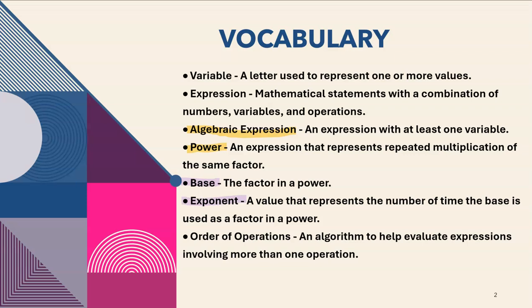The base is that factor that is being multiplied by itself, and the exponent is a value that represents how many times that base is going to be a factor. Lastly, we're going to discuss something called the order of operations, which is simply an algorithm to help us evaluate expressions involving more than one operation.